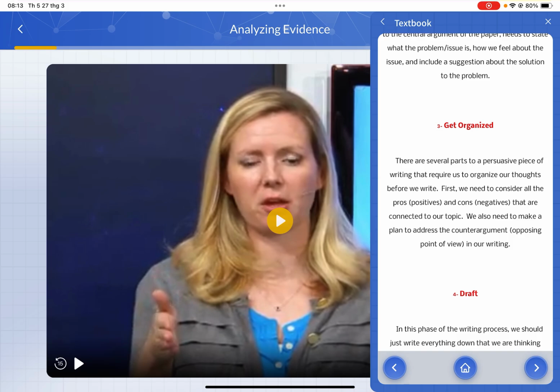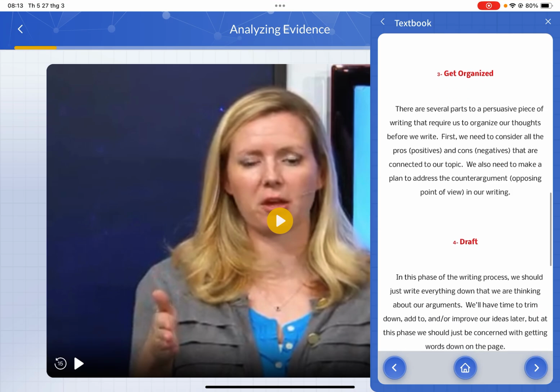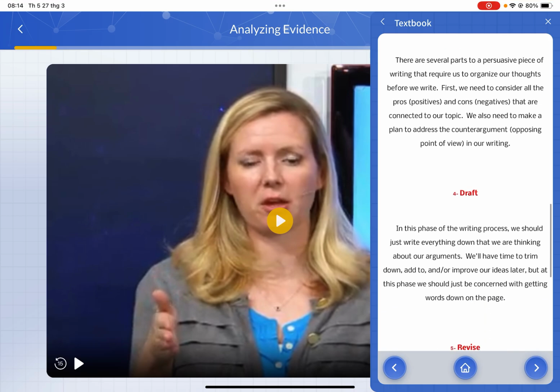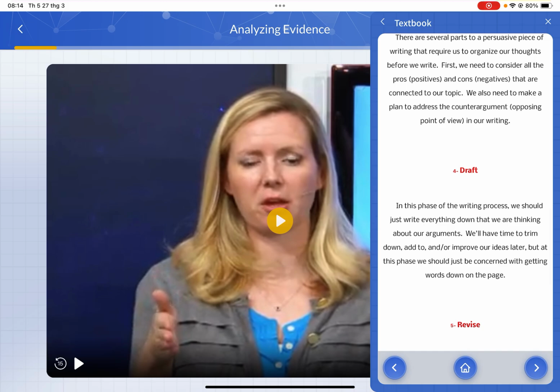We also need to make a plan to address the opposing point of view in our writing.